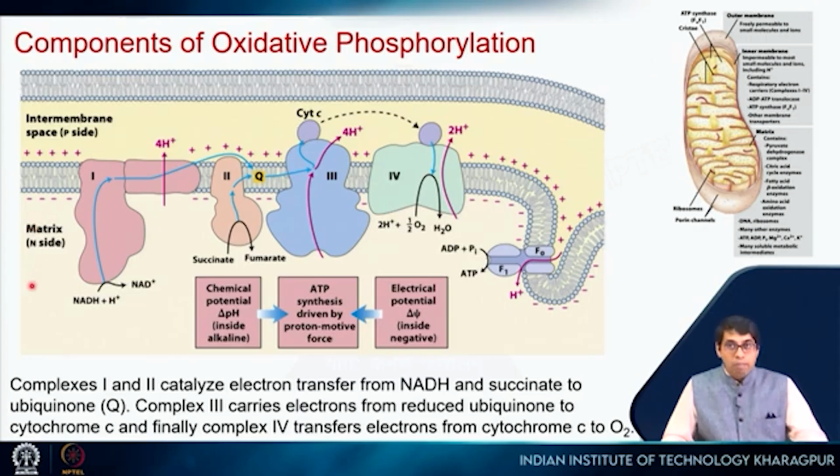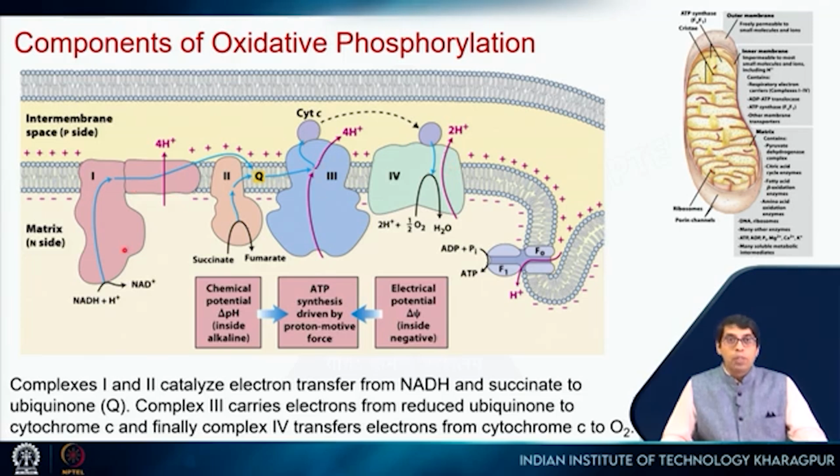And this is where the matrix is. The matrix is also referred to as the N side because it will have a net negative charge, and the intermembrane space will be called the P side because it will have a net positive charge. That net positive charge is because, as we will see, hydrogen ions will be pumped out from here to here by different parts of this complex.